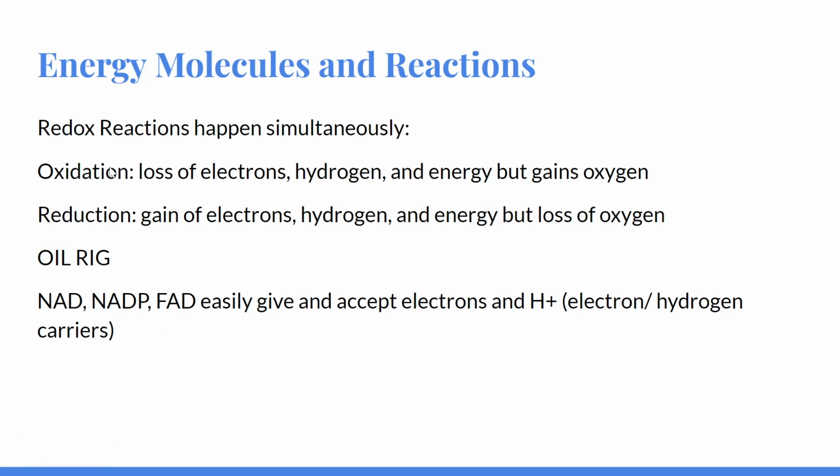I also want to point out that it can be confusing if something is being oxidized, but it's also referred to as the reducing agent. So remember that if something's being oxidized, it's reducing something else, and if something is being reduced, it's oxidizing something else, so it's the oxidizing agent even though it's being reduced.